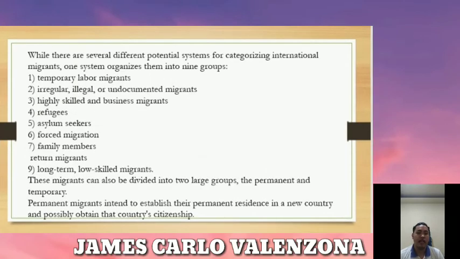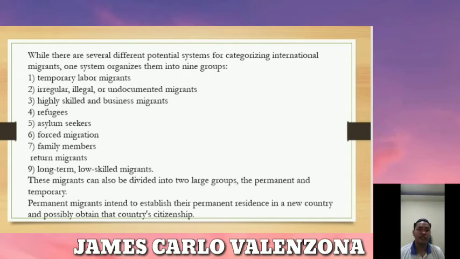While there are several different potential systems for categorizing international migrants, one system organizes them into 9 groups. The first is temporary labor migrants, the second is irregular or illegal or undocumented migrants, and the third is highly skilled and business migrants.